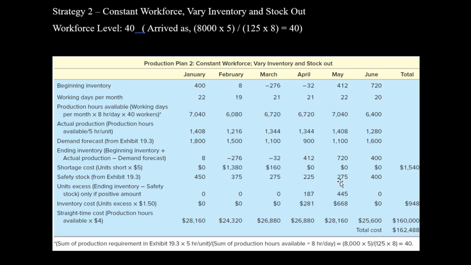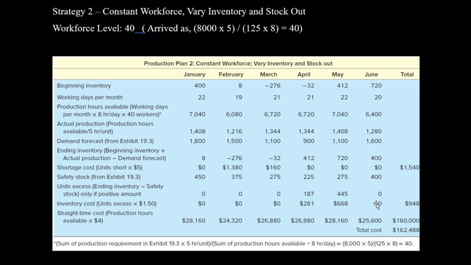Safety stock is 275, so excess units 720 minus 275 is 445, and at 1.50 our inventory carrying cost will be 445 into 1.50, 668. This is how we calculate for June also, and in June also we are positive, but safety stock exactly matches the ending inventory, so there will be no inventory carrying cost.